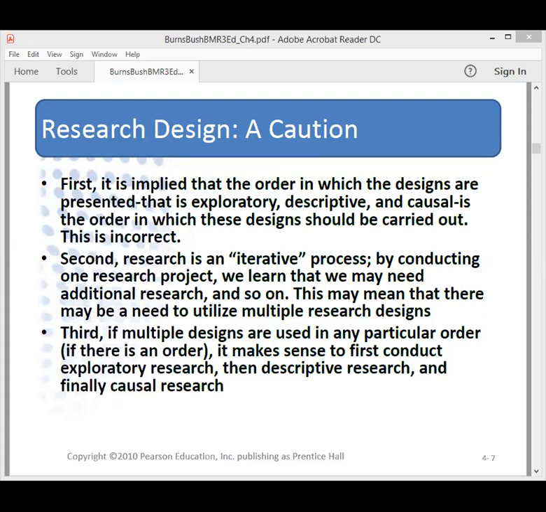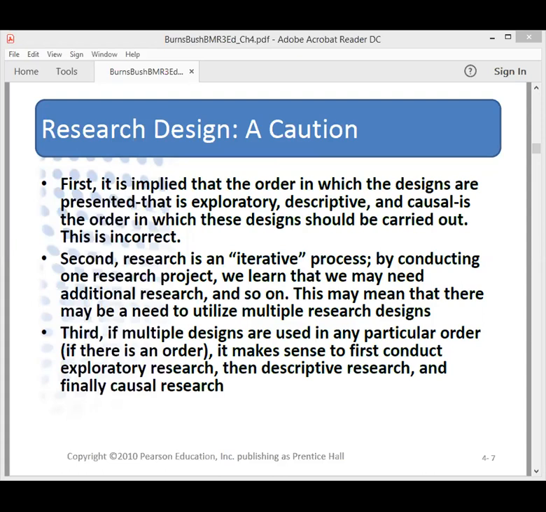It's not you go through once and everything's copacetic. You often have to go through it several times, and we learn that we may need additional research every time we go through. And so that may result in multiple research designs as we keep changing, as we learn more.